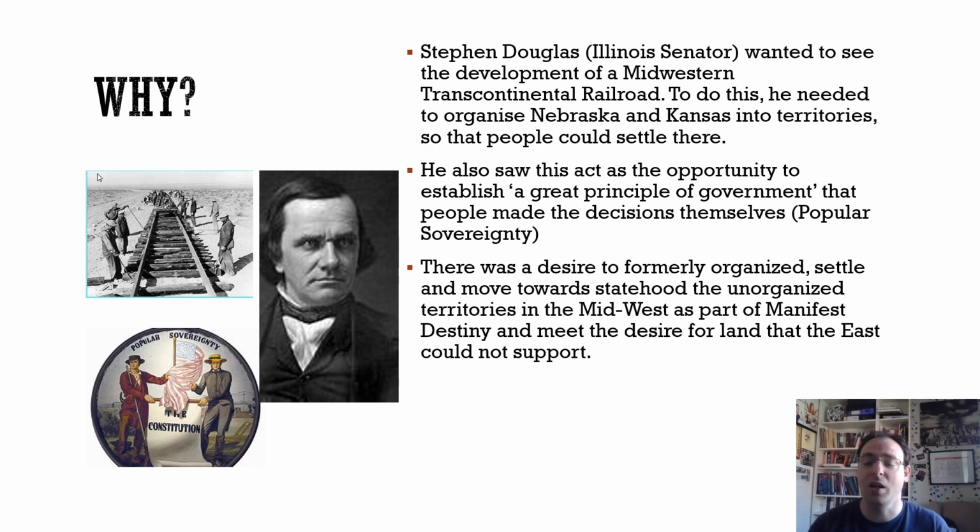Well, he is from Illinois, and to make Illinois a central part of the Midwest and bring money into Illinois, the ideal is this transcontinental railroad, which is going to connect the Midwest to both the east and the west, all the way over to California, and therefore make it a really key central hub. So it's part of his political ambition for his own state.